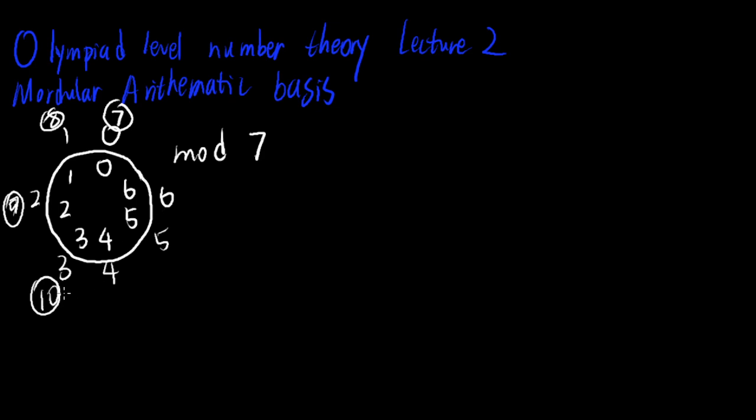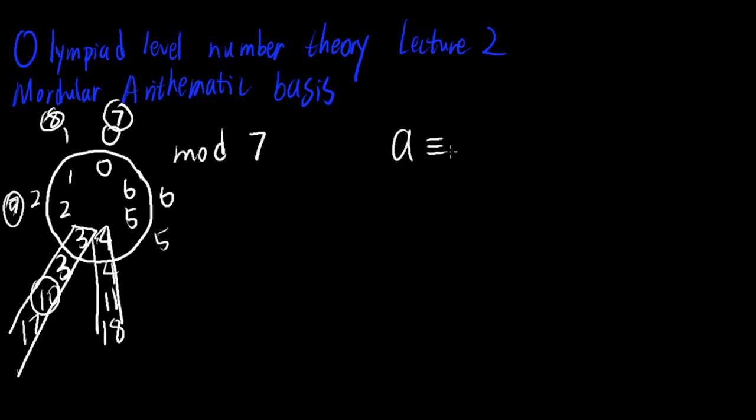We see here the remainders of this list of numbers are all 3: 3, 10, 17. This list of numbers divided by 7 gives 3, and for this other list, divided by 7, the remainder is all 4. So we can write down a more formal definition.